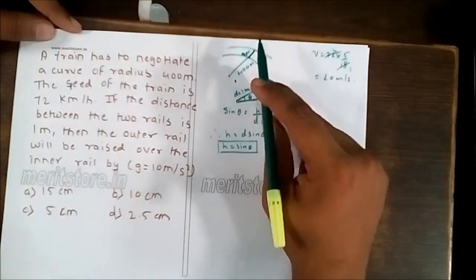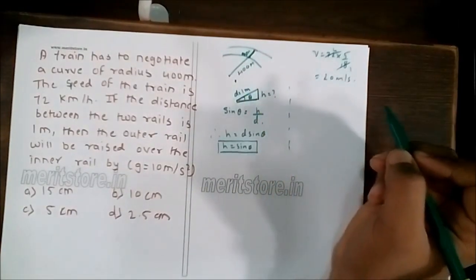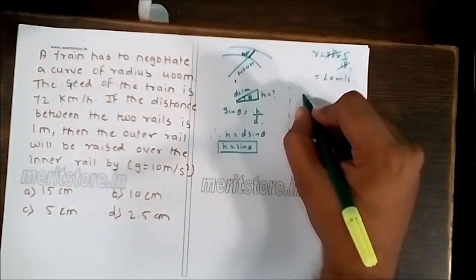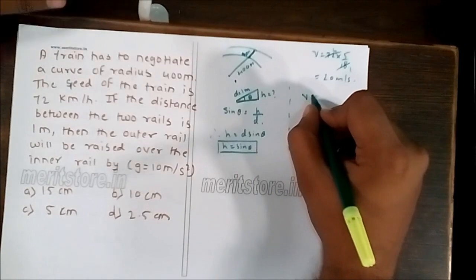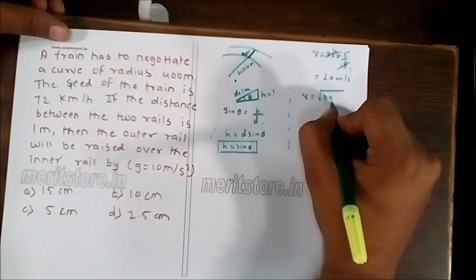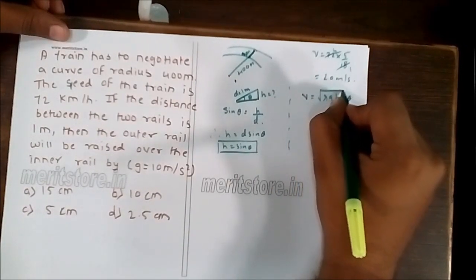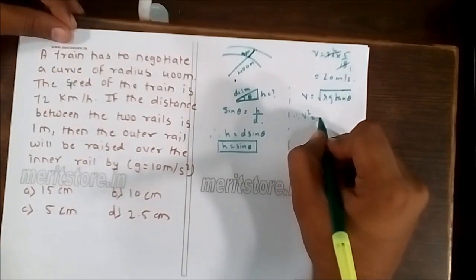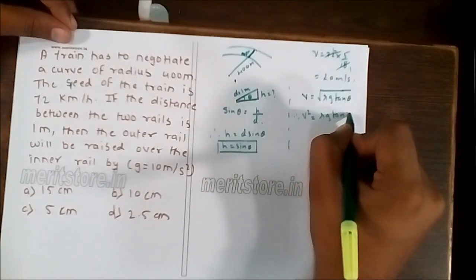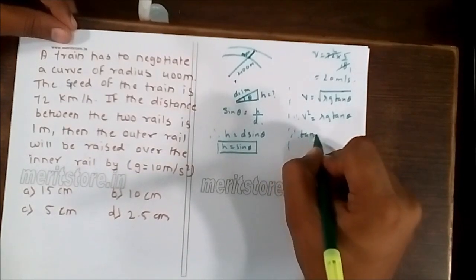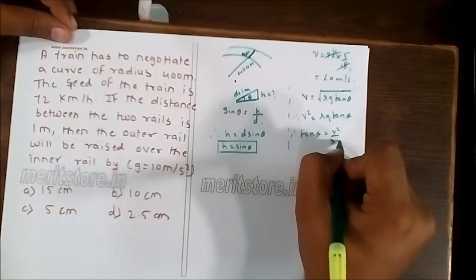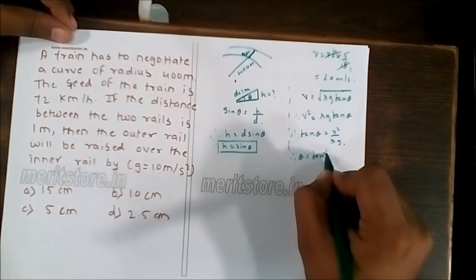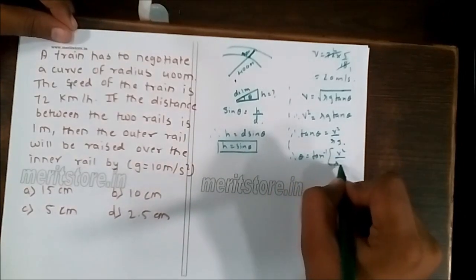Now in banking of roads, we have one formula which deals with the term theta and velocity, that is v is equals to under root of rg tan theta. We all have heard this formula. Therefore v square is equals to rg tan theta. Therefore tan theta is equals to v square by rg. Therefore theta will be tan inverse of v square by rg.